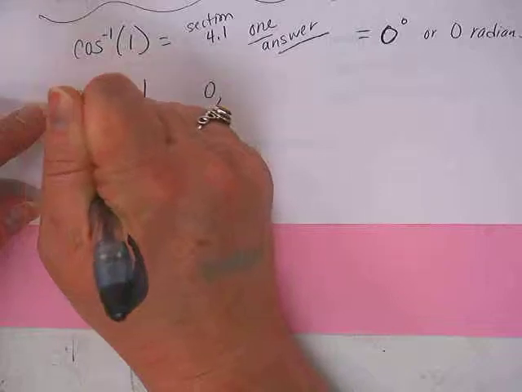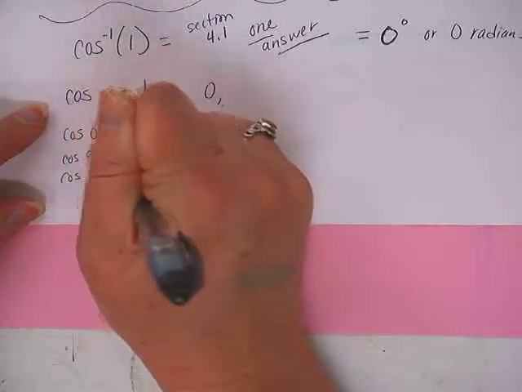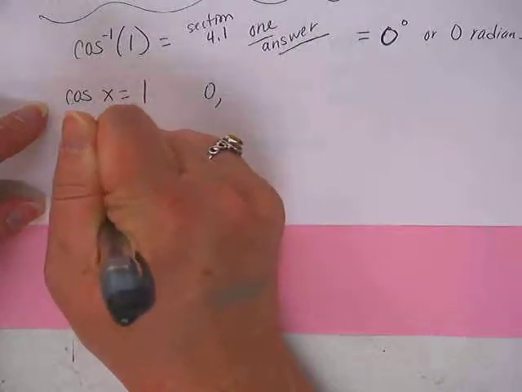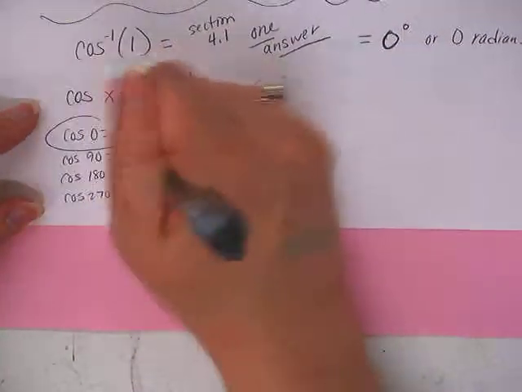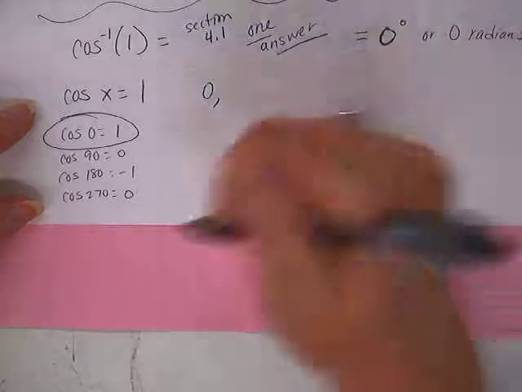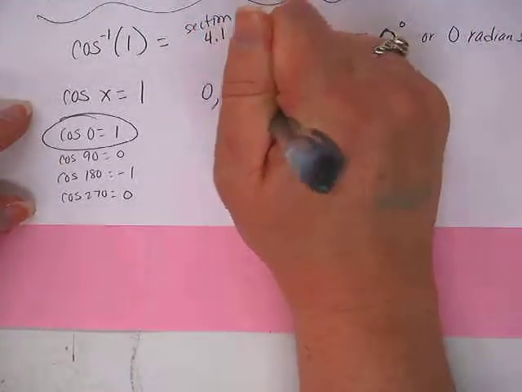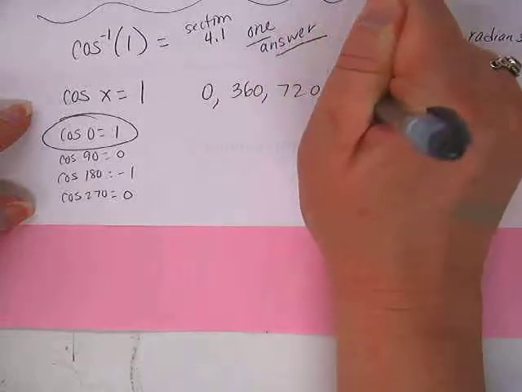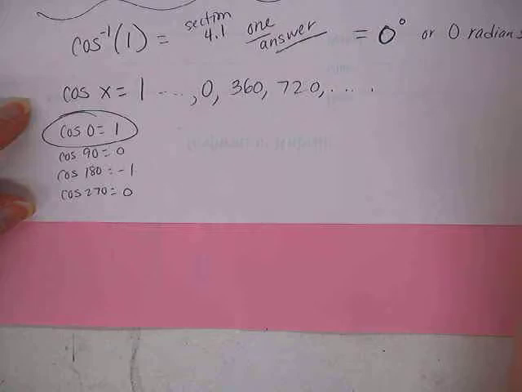No, slow down because, okay, you're throwing out values to me, but the cosine of 0 is 1, but the cosine of 90 is 0. The cosine of 180 is negative 1, and the cosine of 270 is 0. There's only one of those that actually works. Okay? But we're doing all real solutions, so we're going around and around and around the circle.